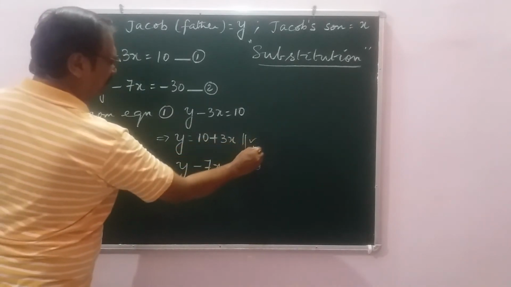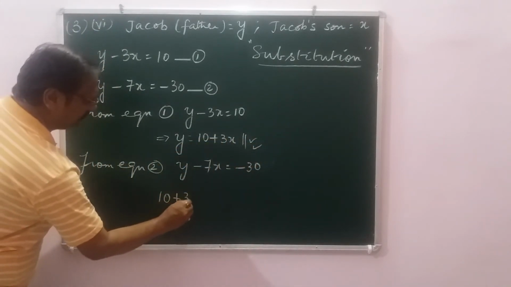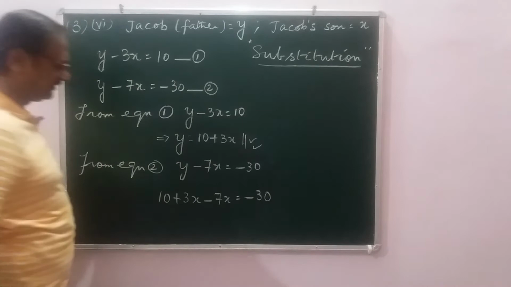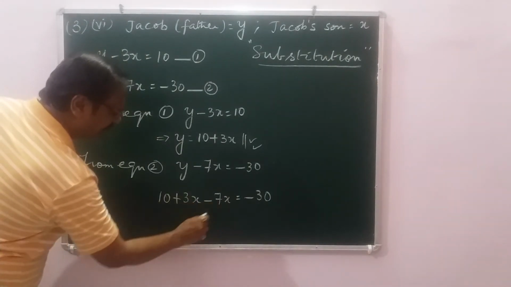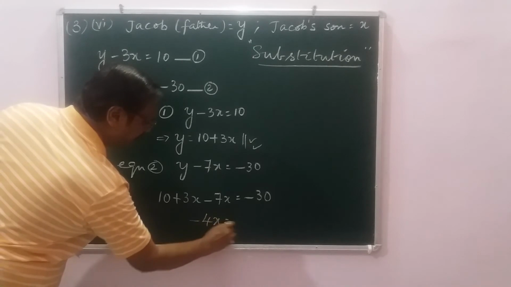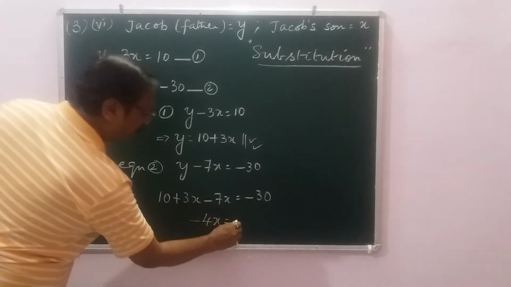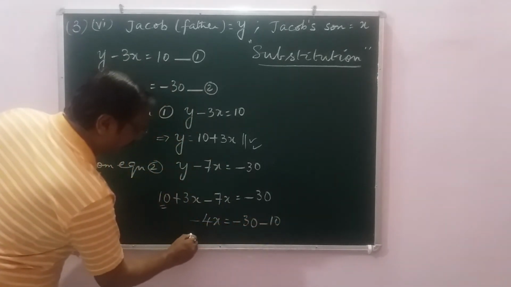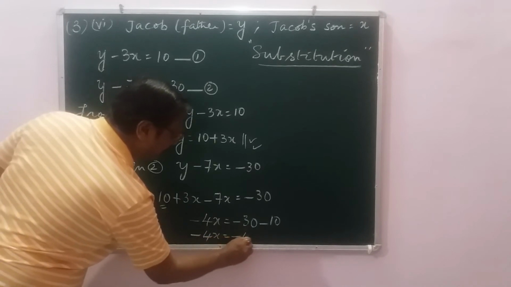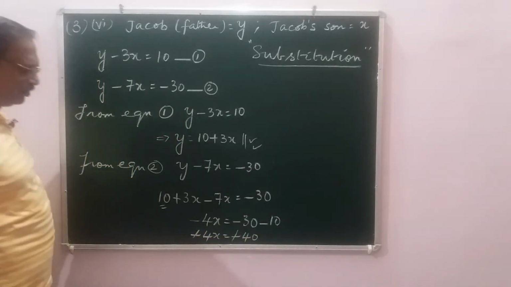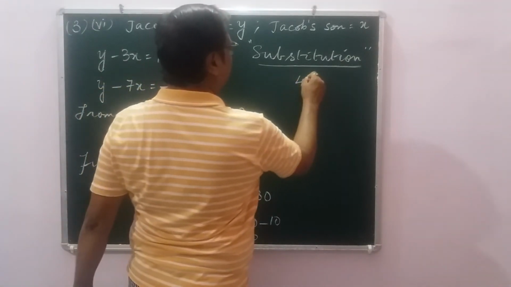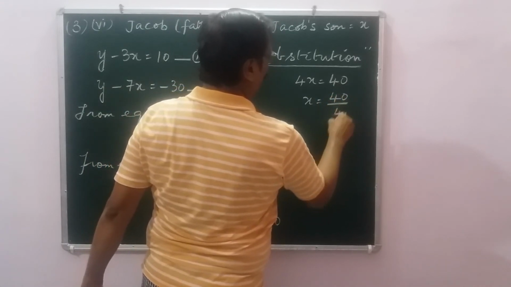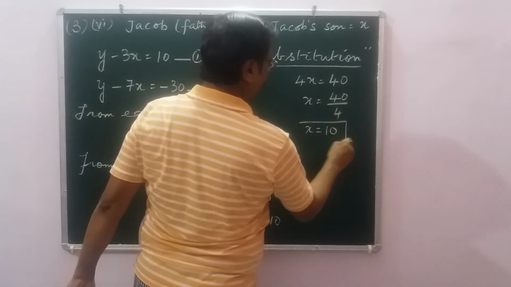We put 10 plus 3x minus 7x is equal to minus 30. That is 3x minus 7x, that is minus 4x, is equal to minus 30 minus 10, that is minus 4x is equal to minus 40. The negative sign goes, so 4x is equal to 40, or x is equal to 40 by 4, or x is equal to 10.